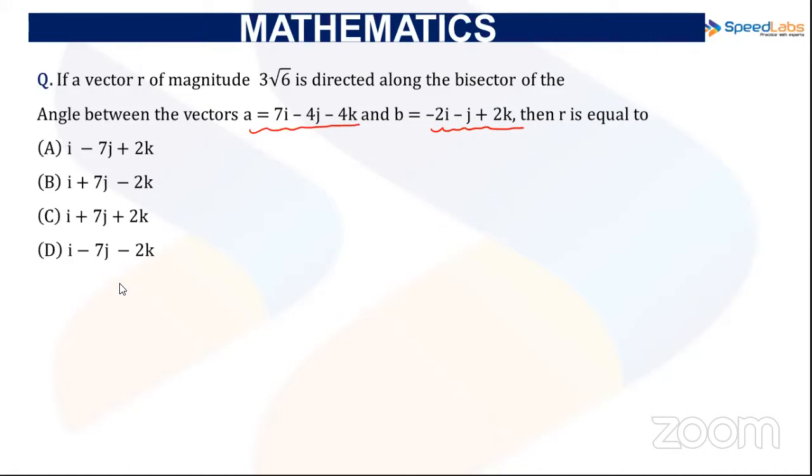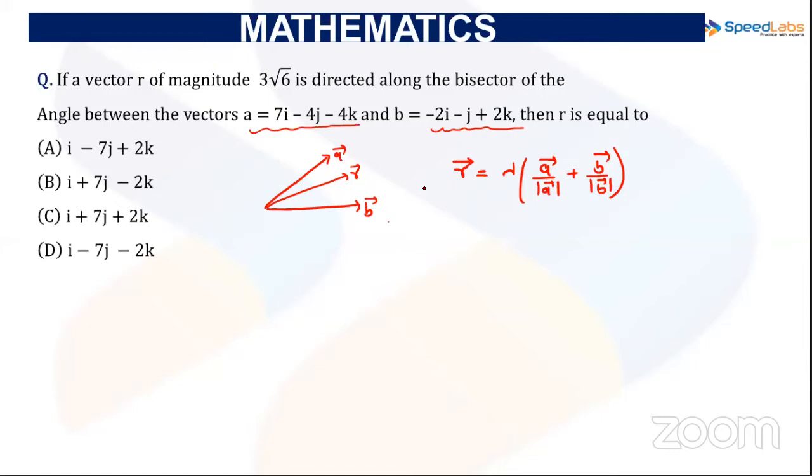So vector r is directed along the angle bisector of these two vectors, right? Here you have two vectors, a vector and b vector, and vector r is directed along the angle bisector. So if r is along the angle bisector of a and b, r will be equal to lambda times a vector upon mod a plus b vector upon mod b, right?